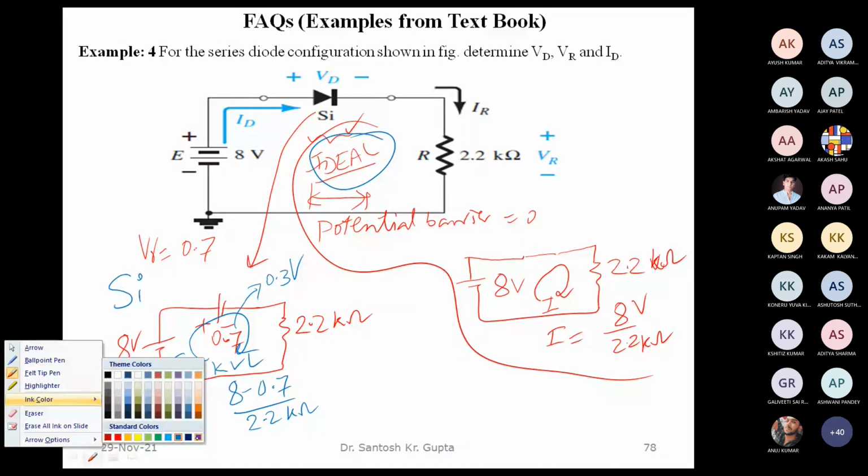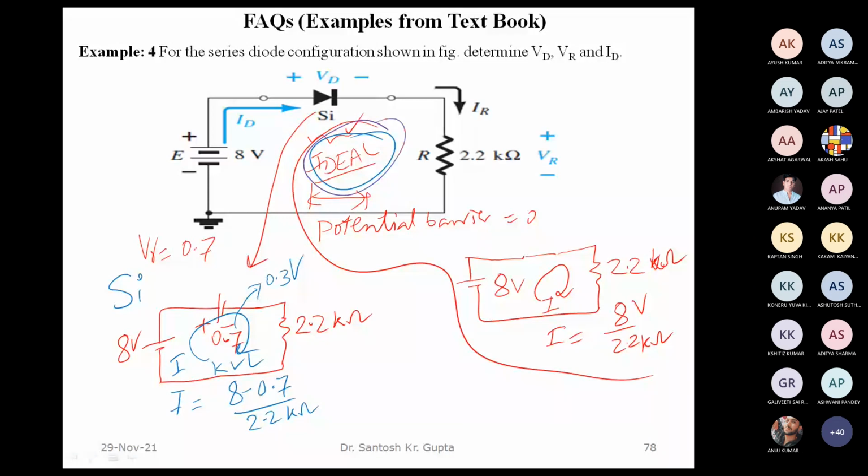The ideal diode does not have any potential, right, sir? Yes, that already we have seen. When it is on, it acts like a short circuit, and when it is off, it acts like an open circuit. That is the ideal diode. Okay, sir.